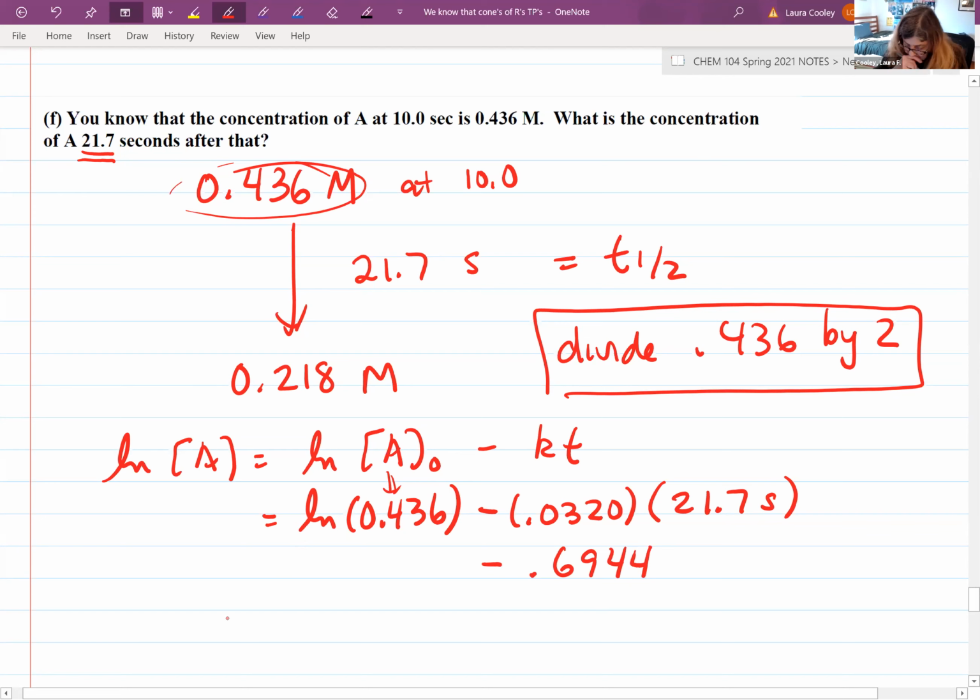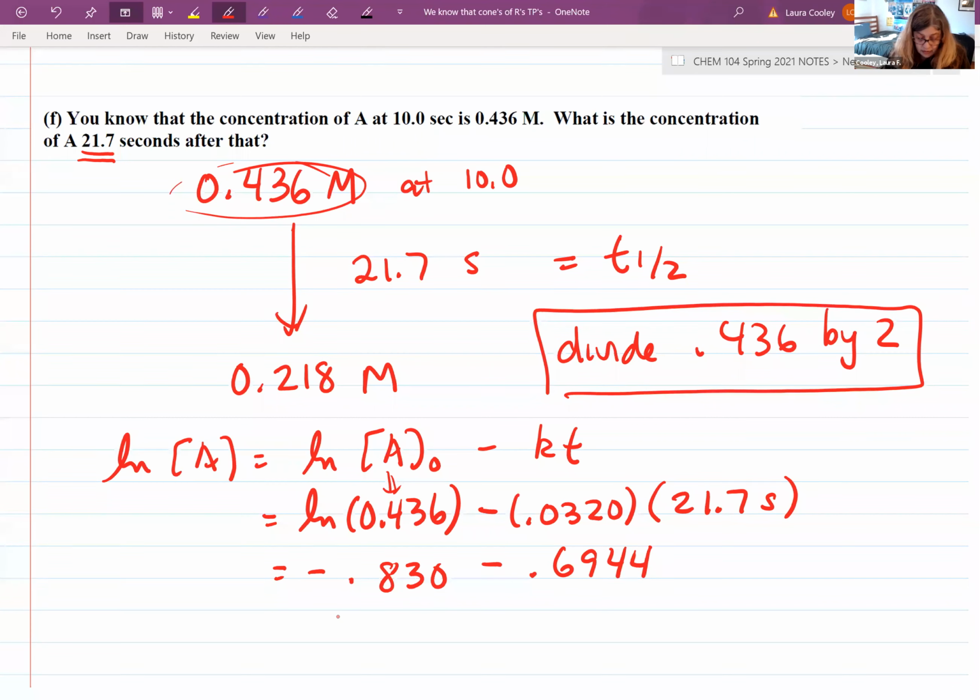So the natural log of 0.436, minus 0.830. Add these together. Minus 1.525.